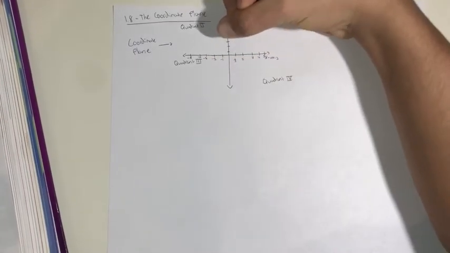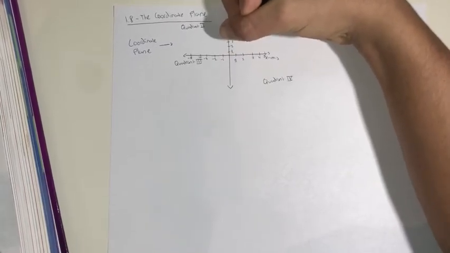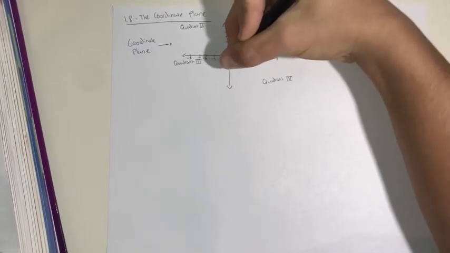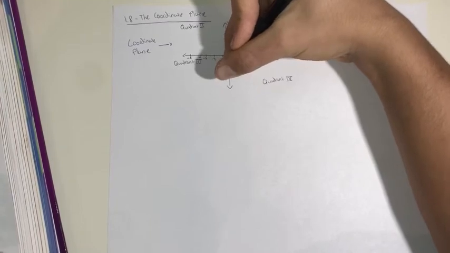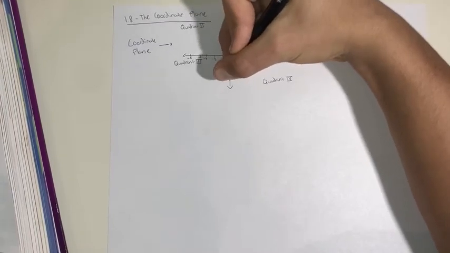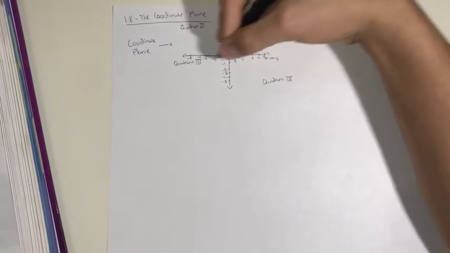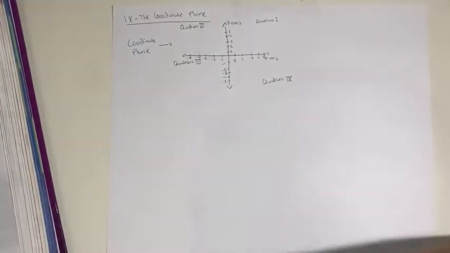Note that down is negative and left is negative. Left is negative in the x-axis and down is negative in the y-axis.